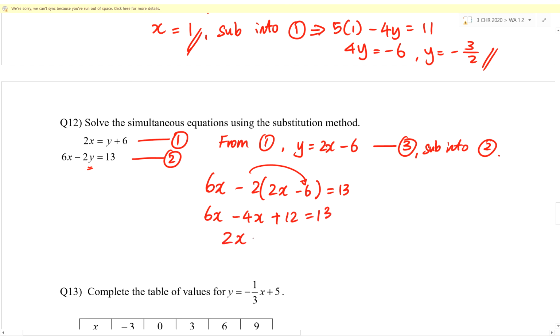So we have 2x equals 1. X is half, and sub into equation number 3 to find the value of y. So y equals 2 times half minus 6, which is negative 5. These are our x and y values.